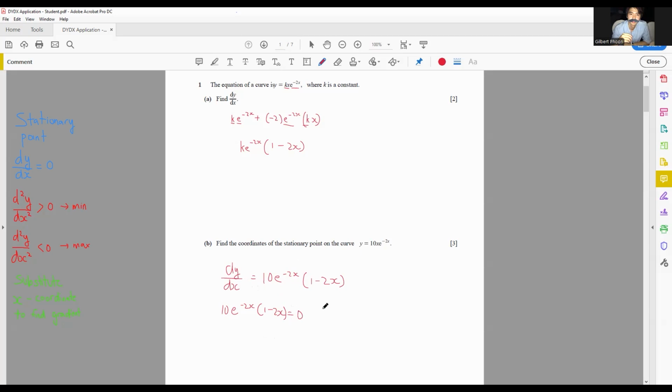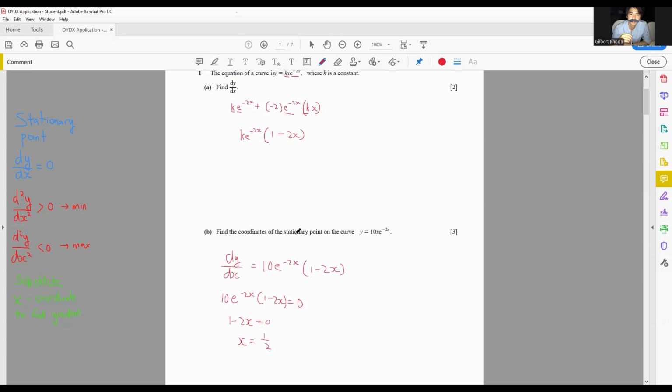And from here, what you're going to do is bring this over to divide, and ultimately you just have 1 minus 2x is equal to 0. Therefore, x is equal to 1 over 2.